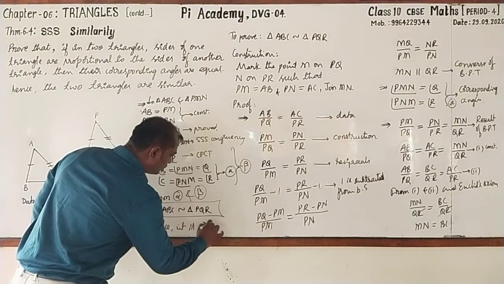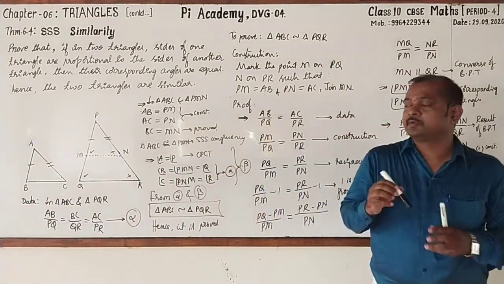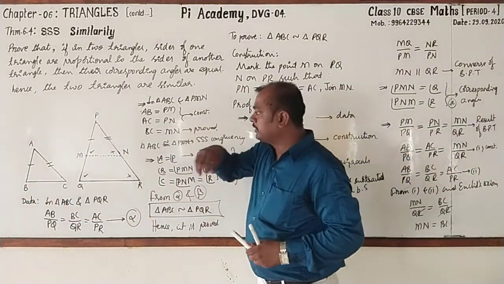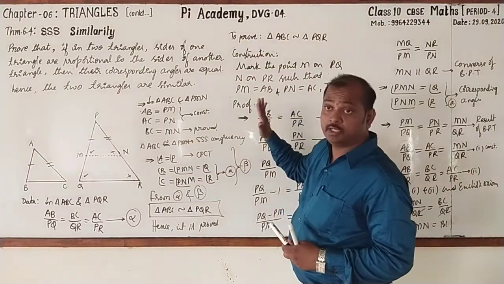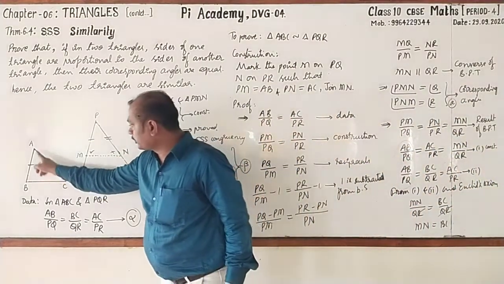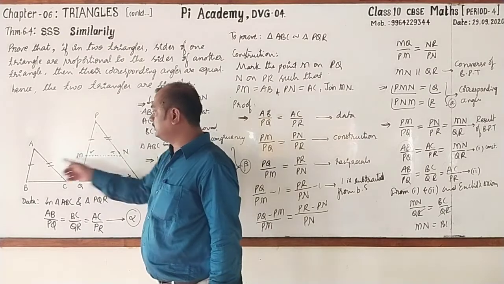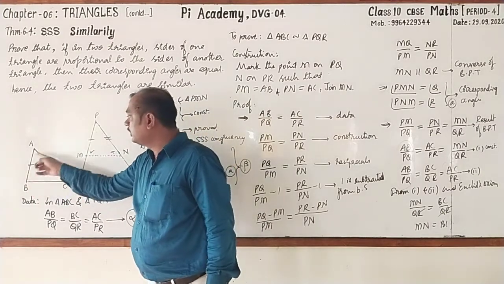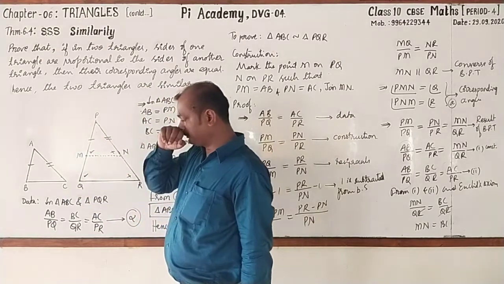Dear students, once I explain that in brief, just observe it. First you will write data, then you will go for writing the construction to prove. In the proof part, you are going to prove ABC is congruent to PMN in these two triangles, but we have only two possibilities, AB equal to PM, AC equal to PN.